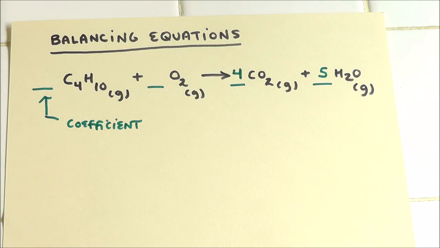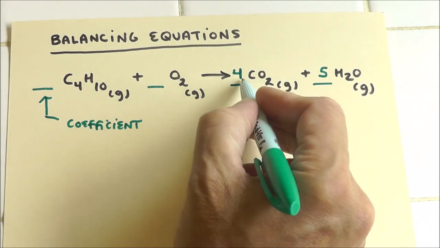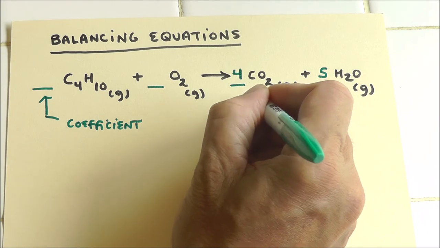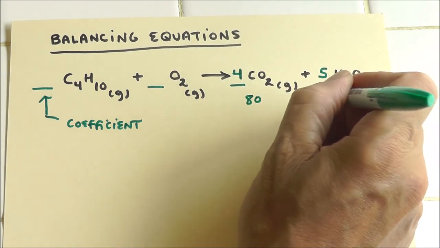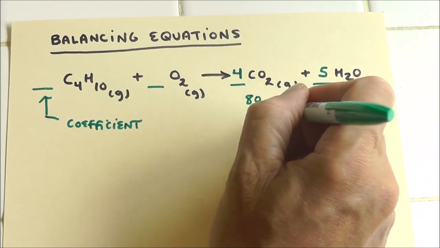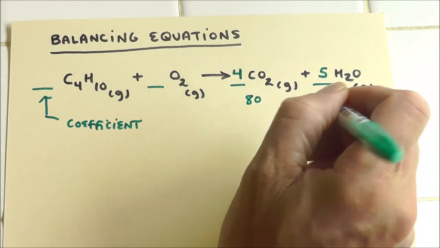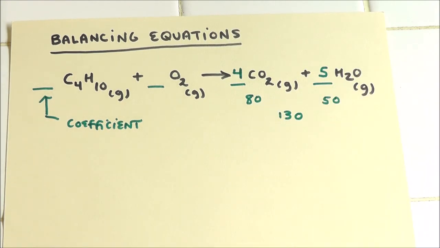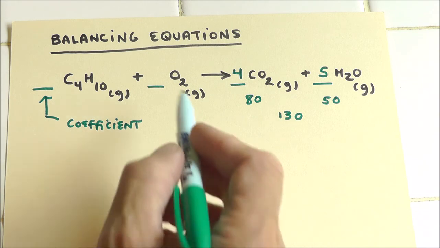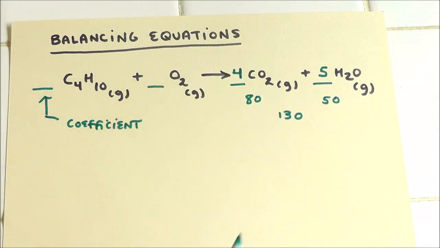But oxygen is all sorts of jacked up. So what's going on here is this has 4 times 2 is 8 oxygens. This would be 5 oxygens, 13 oxygens. And now that's a bummer, because the oxygen is all goofed up, but I can't get 13 oxygens with an O2.